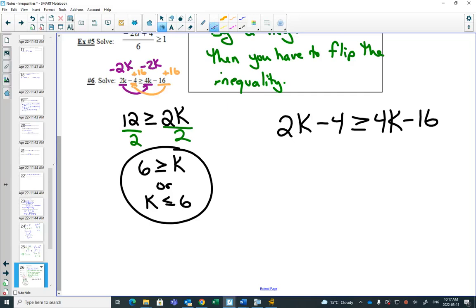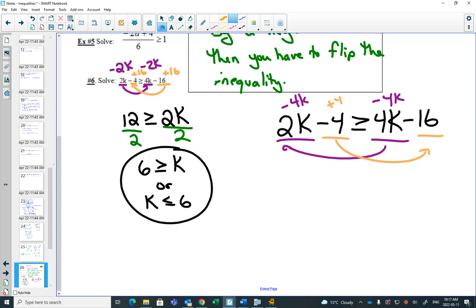So if you had decided right at the beginning that you wanted to move your 4k over, and that would mean moving your 4 to this side by adding 4 and adding 4, you would get negative 2k greater than or equal to negative 12. And dividing by negative 2 would get k by itself.